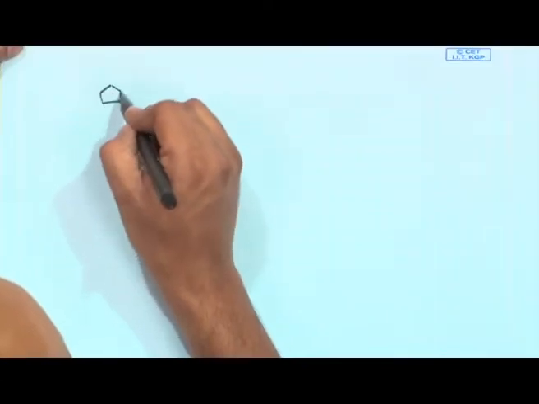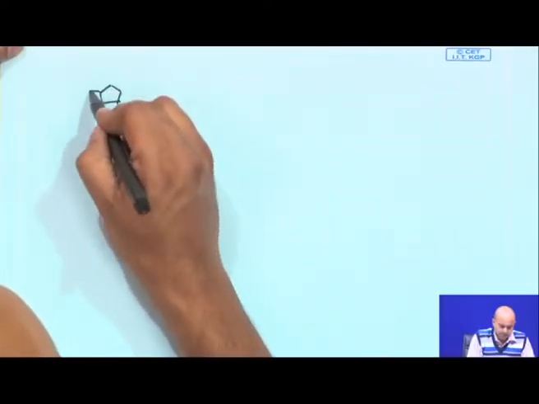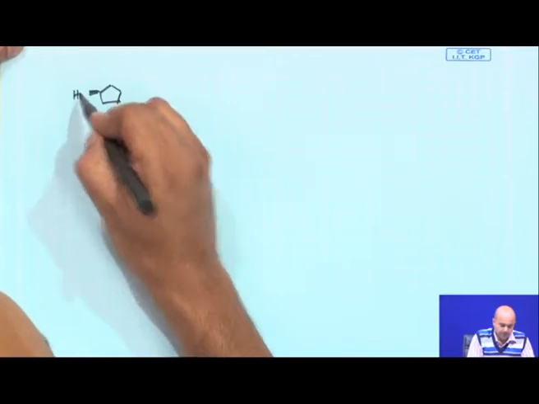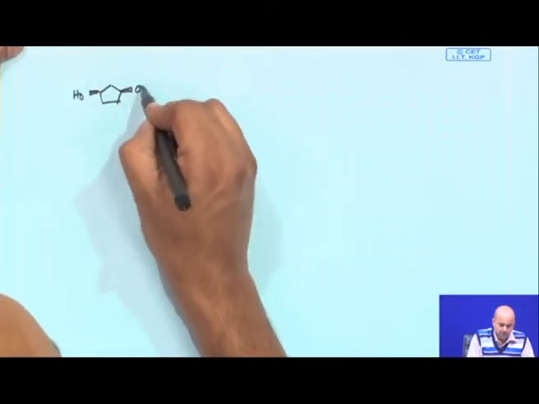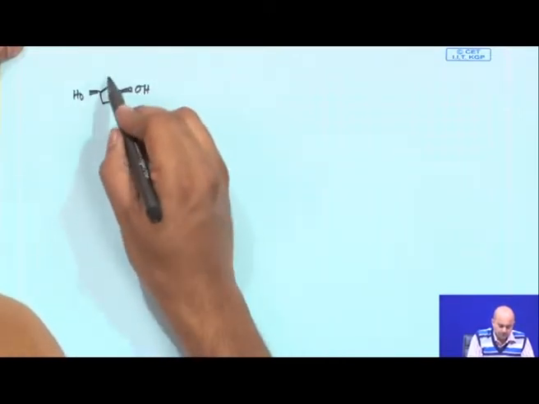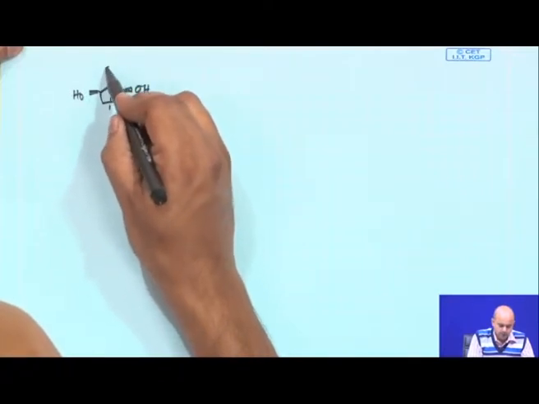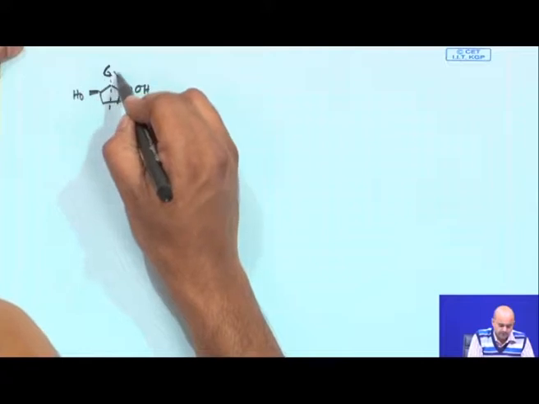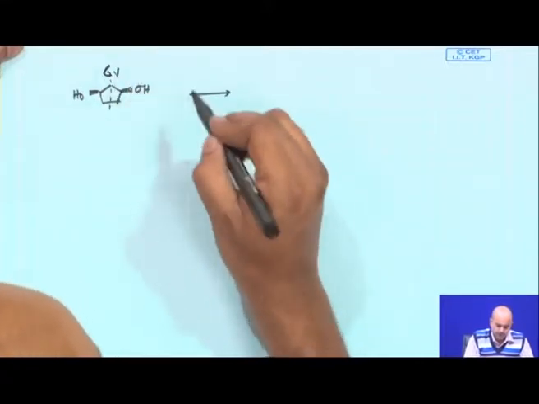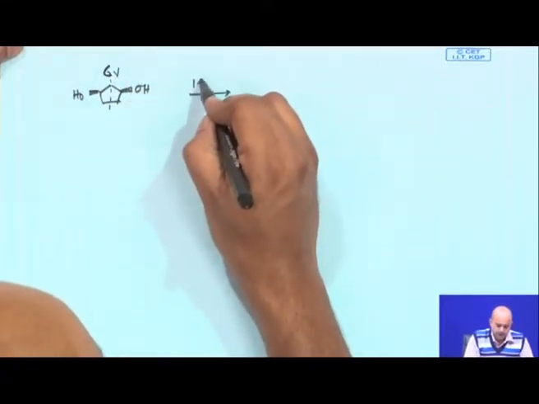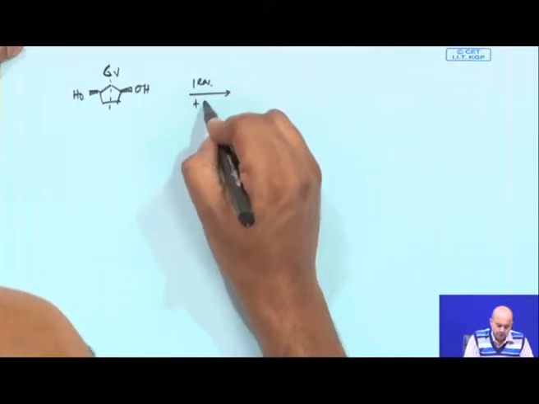Say we take the second compound, which has a cis relationship between the 2 hydroxy groups, and this molecule has a sigma v. Now we will use one equivalent of protecting group.